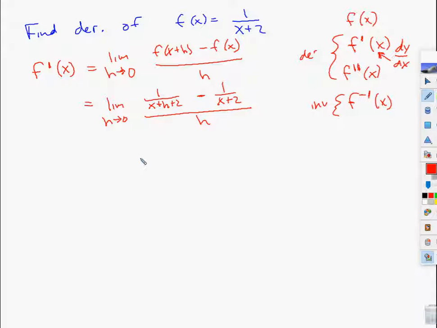I need to somehow get the h's to cancel. I'm going to hold on to this right here, and I'm going to do a bunch of work down here that'll be eventually erased. But what I need to do is actually combine these fractions.